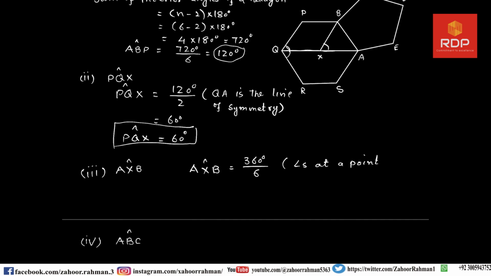Now when we divide 360 by 6, it will be equal to 60 degrees. So it means that this will also be equal to 60 degrees.